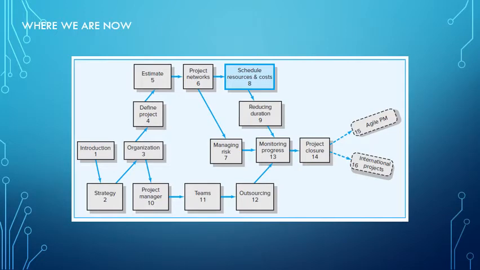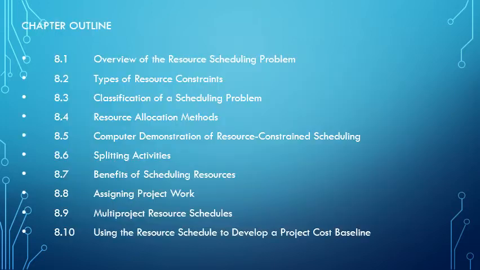So in Chapter 8 we're talking about scheduling resources and costs. Outline of what we're going to cover: we'll talk about resource scheduling problems, the types of resource constraints that exist, classification of a scheduling problem, resource allocation methods. We'll briefly talk, if you look in the material, on computer demonstration of resource constraint scheduling.